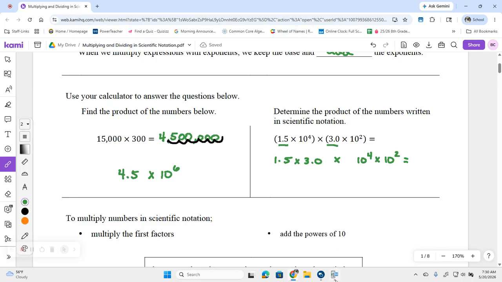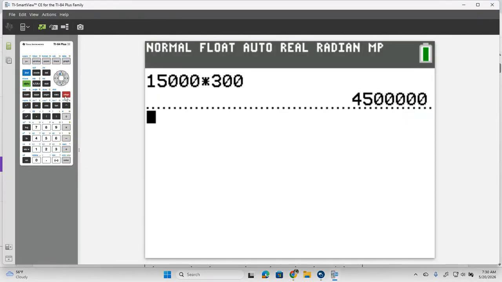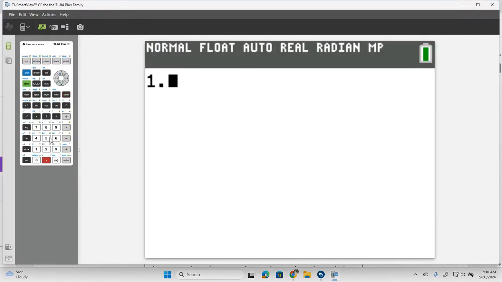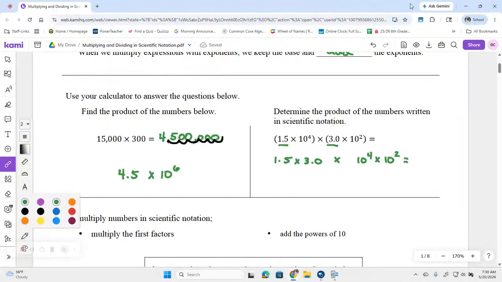So 1.5 times 3 is 4.5. And if we use our product rule from up above, 10 to the fourth times 10 to the second, we would keep the base and add the exponents, and we get 4.5 times 10 to the sixth.